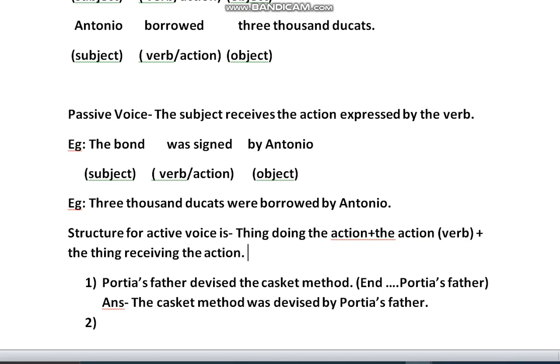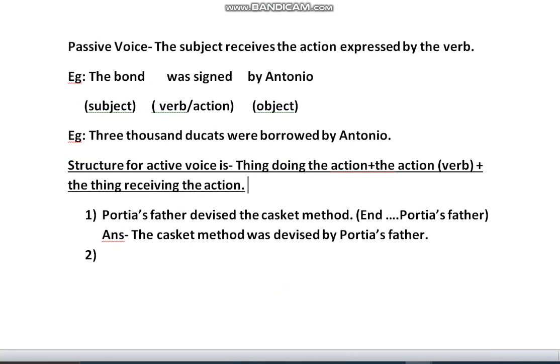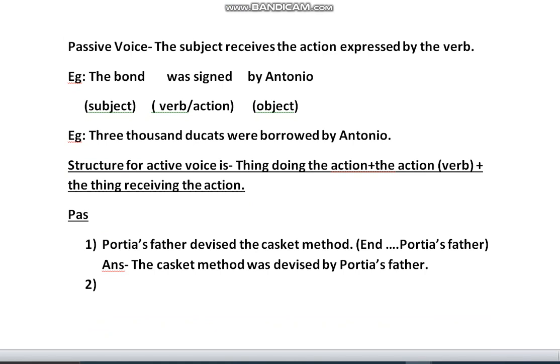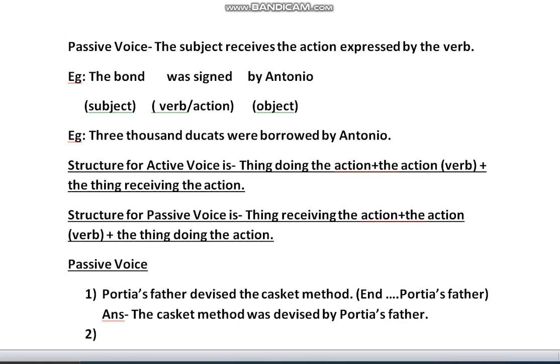This is the structure for active voice. And let me write the structure for passive voice as well. Structure for passive voice: thing receiving the action will be written first, followed by the action, and then the thing performing the action.